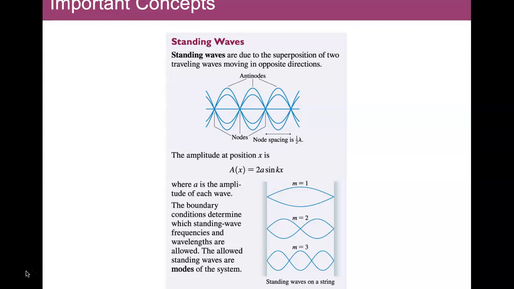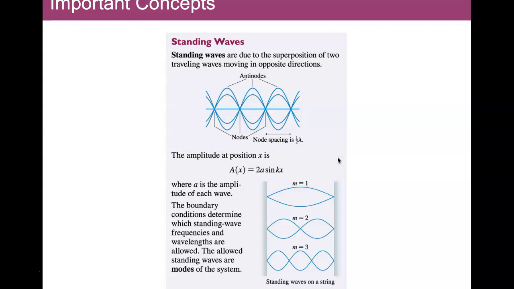We have nodes, we have antinodes. We found that the distance between nodes is half of the wavelength of the individual components, the individual counter-propagating waves. We found that the amplitude has this position-dependent expression.